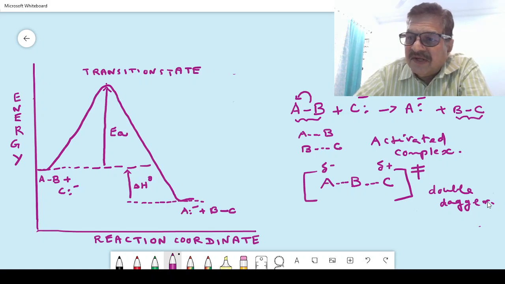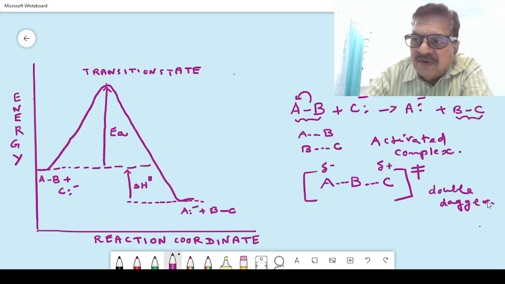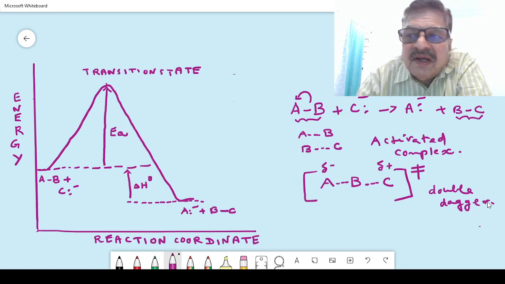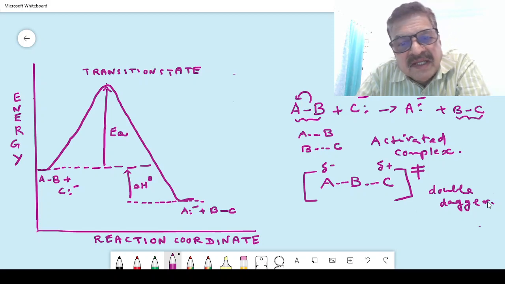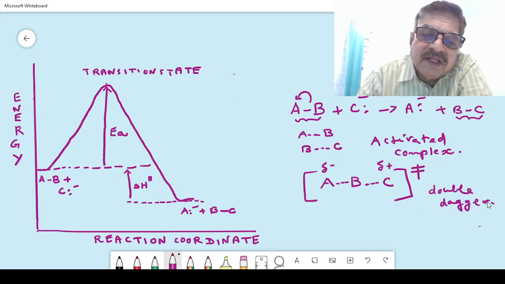Now, in the transition state, what are the possibilities? Either the AB bond can reform to regenerate the starting materials, or the BC bond can form to generate the products.